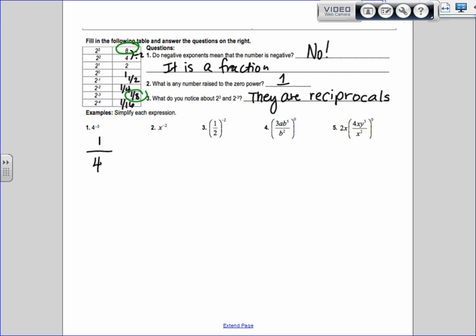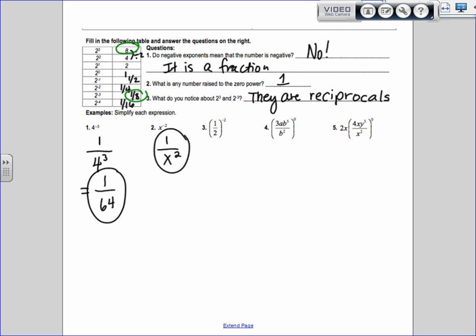So it's going to be 1 over 4 cubed, which is 4 times 4 times 4, 64. The next one, x to the negative 2: 1 over x squared. A lot of times on the test I say, do not leave negative exponents in your answer. So I will not accept x to the negative 2, but I will accept 1 over x squared. So know the difference.